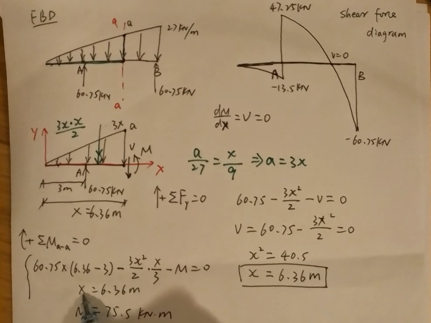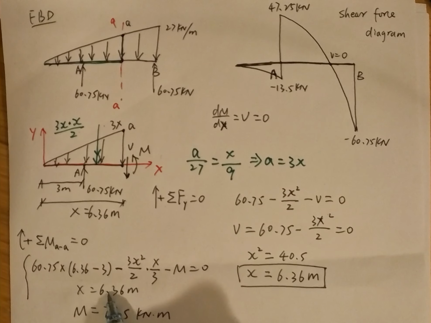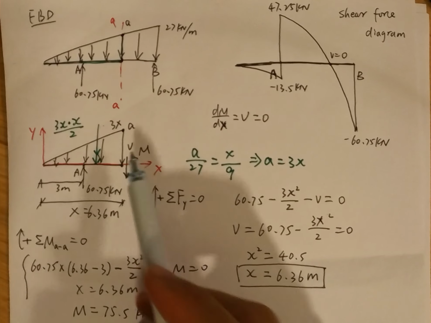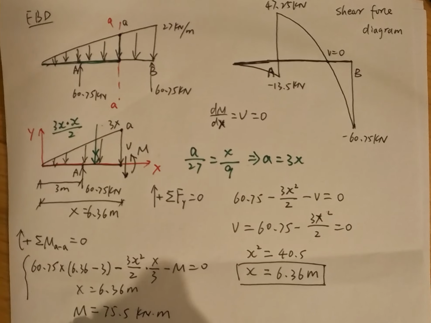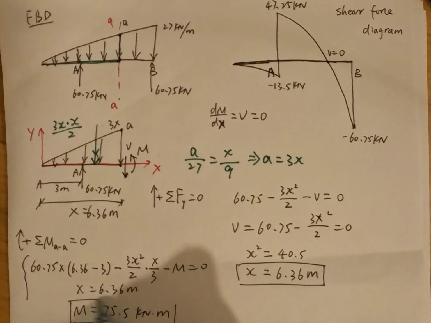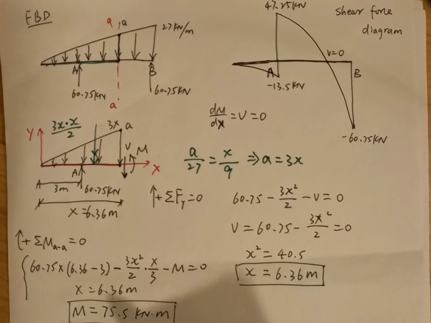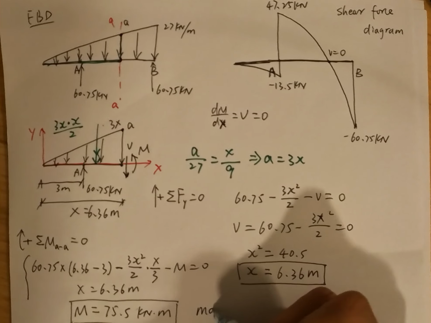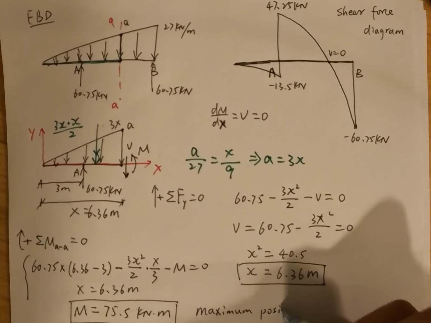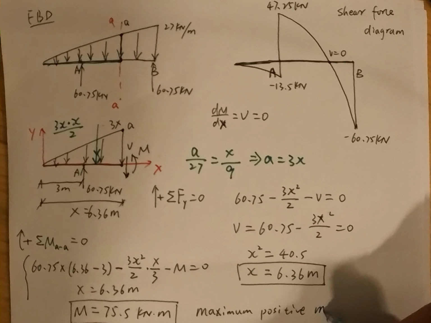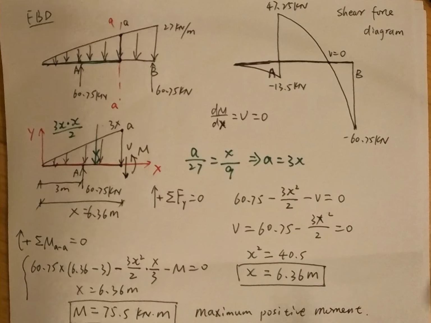Because at this location x equals 6.36, the shear force equals 0, that means this bending moment is the maximum bending moment, and it is also positive, so we say it is the maximum positive bending moment. Okay, that's it.